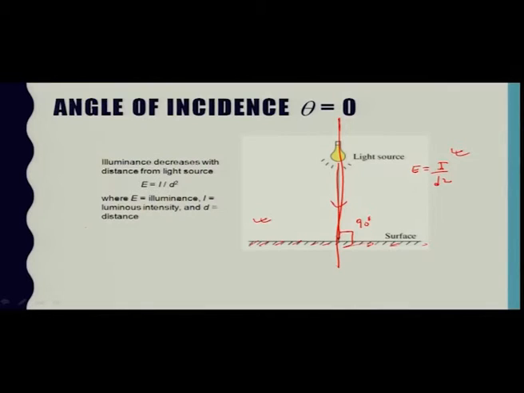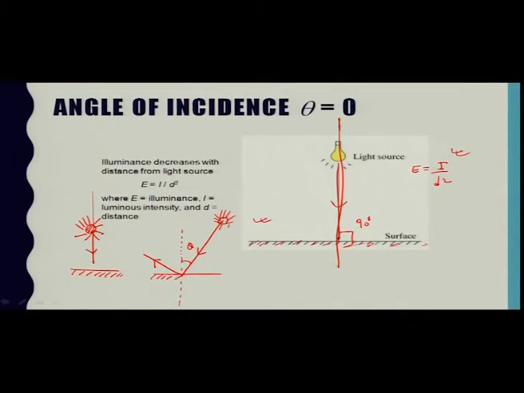Suppose this is the light source, and light is incident on this surface, and let's say this particular light is falling at some angle, and it is reflected from this to this, so this particular theta is some angle.